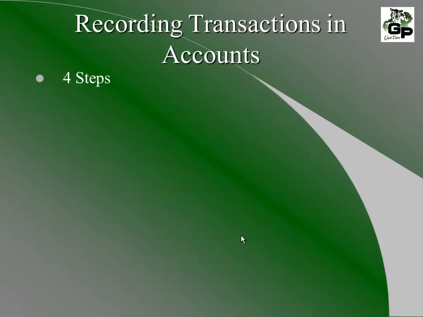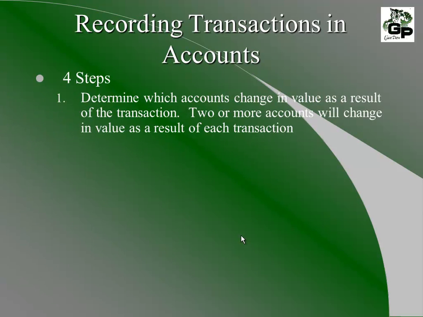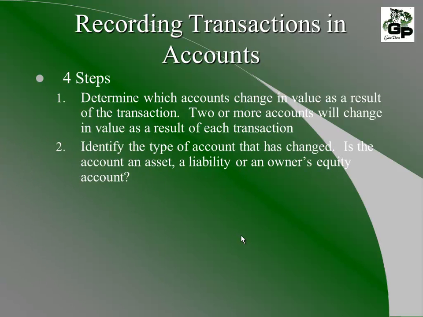There are 4 steps in recording transactions in accounts. First of all, just like we did in the transaction analysis section, we determine which accounts change in value as a result of a transaction. And we know that 2 or more accounts will change in value as a result of each transaction. We identify the type of account that has changed.